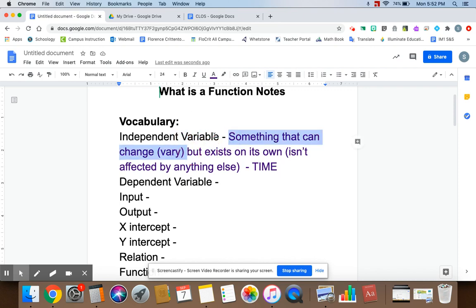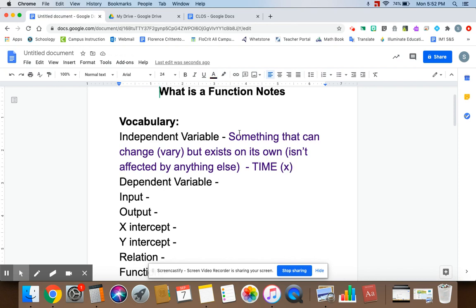The reason why it's called a variable is because it can always change or vary. So we don't always know exactly what it is because it could be any number. So what we use to represent any number are usually letters, which is why variables are letters. And so the time variable, the independent variable we use, is x. So x is the independent variable in math.